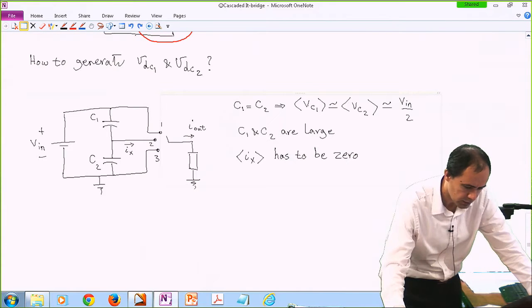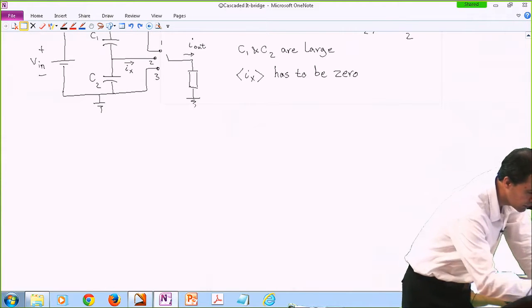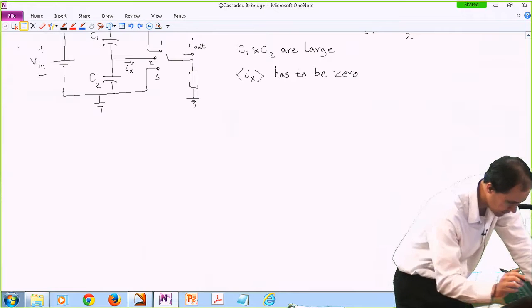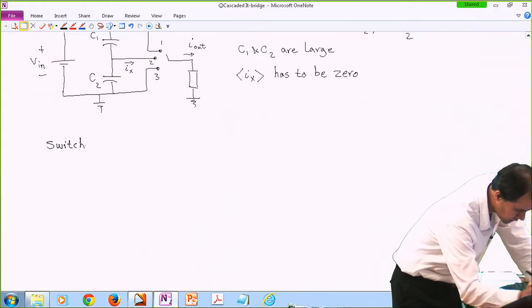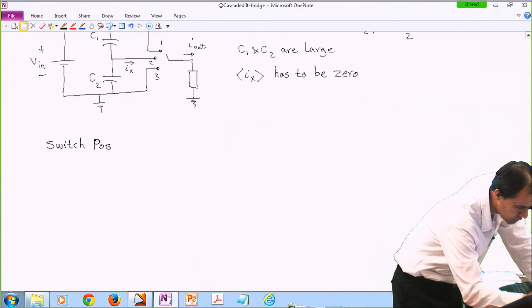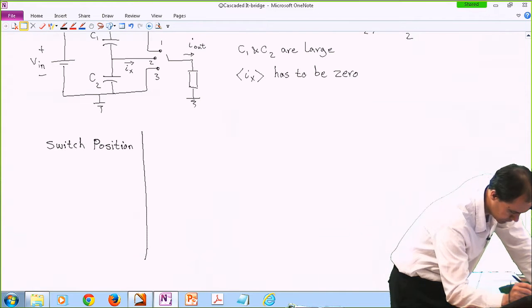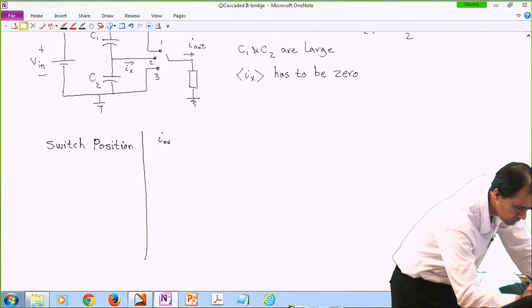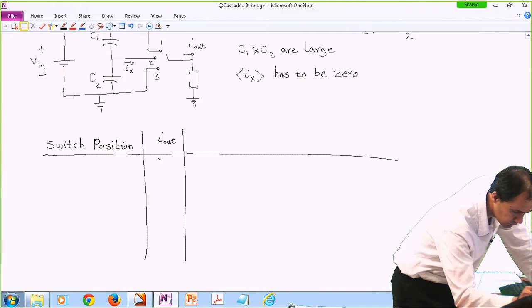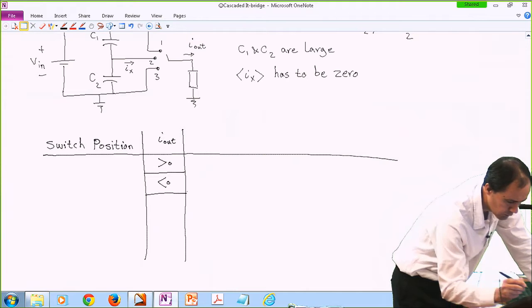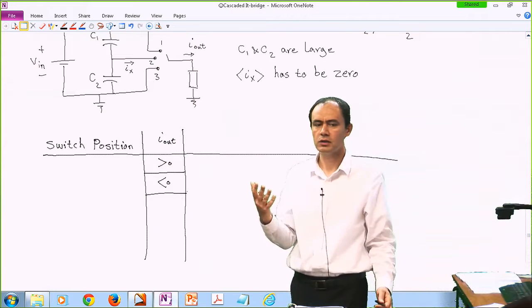We have a table here to kind of explain how different levels are selected and which capacitor is being charged and which capacitor is being discharged. So let's pretend I out is bidirectional.